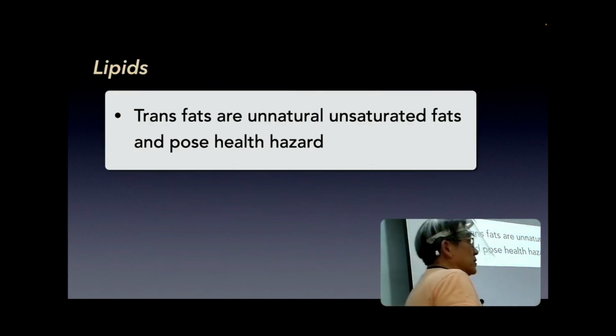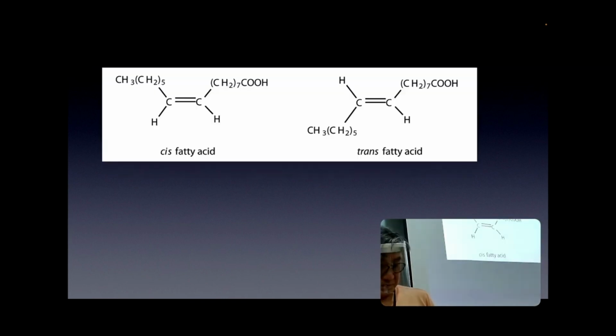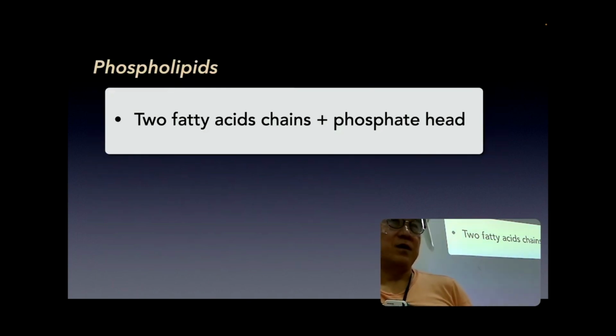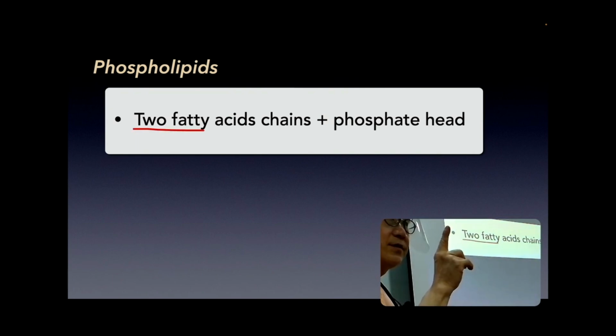Another type of lipid is a very special type of lipid, which is phospholipids. Instead of having 3 fatty acids, it has only 2 fatty acid chains.